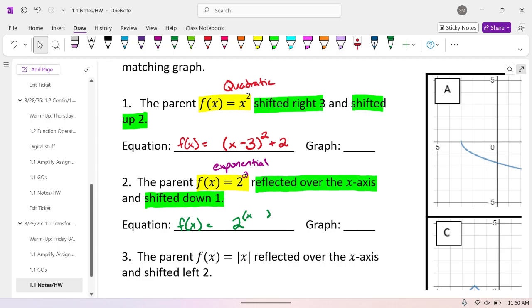Now, if it's outside for exponential, it's technically not in the exponent. All right. So first off, reflecting over the x-axis, that means I'm making something what? Or I'm multiplying something by a what? What denotes reflection? It's one symbol.